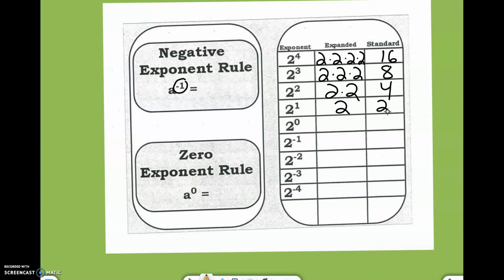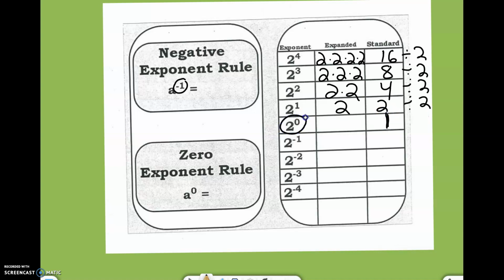So you'll notice that we're going down, or we're actually dividing each of these by 2, right? Because 16 divided by 2 is 8, 8 divided by 2 is 4, 4 divided by 2 is 2. Now 2 divided by 2 is 1.